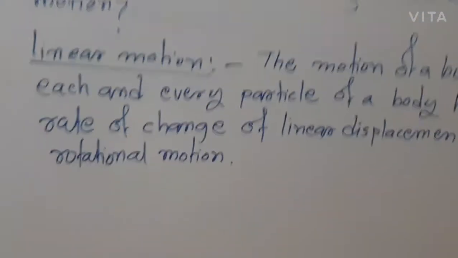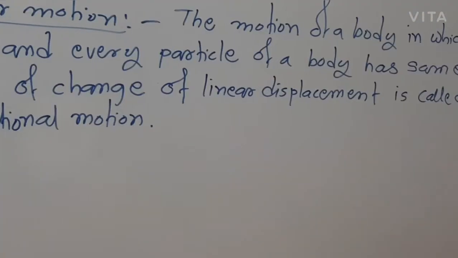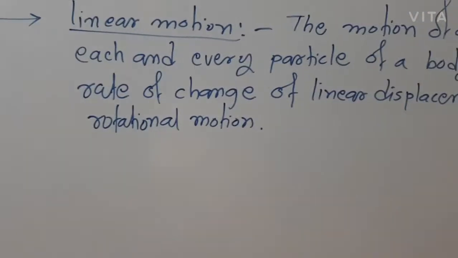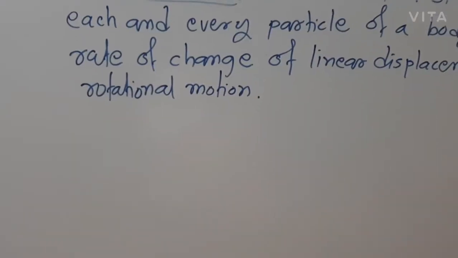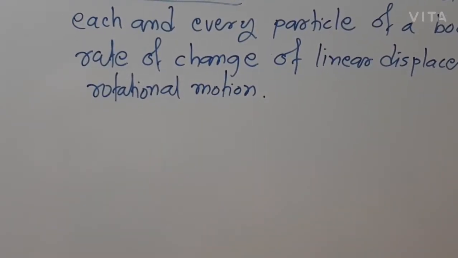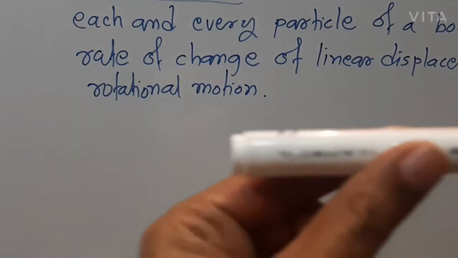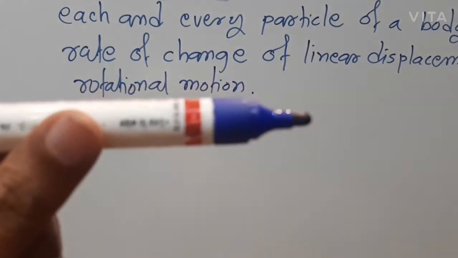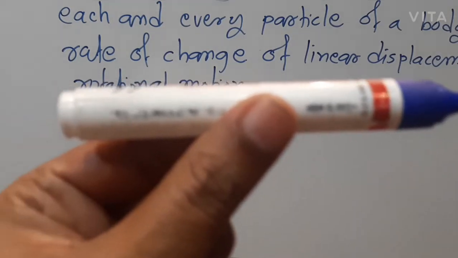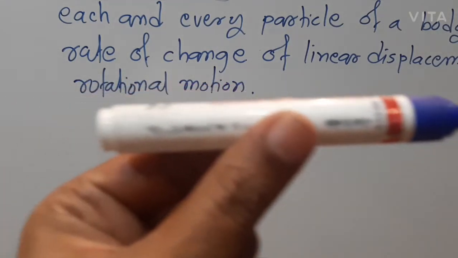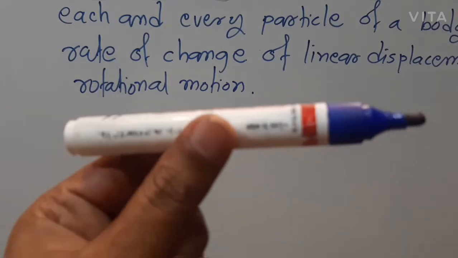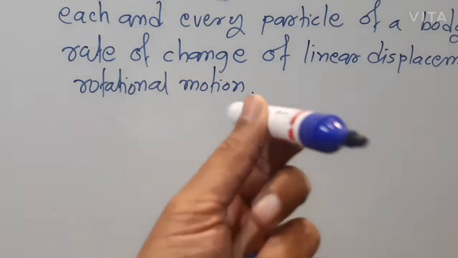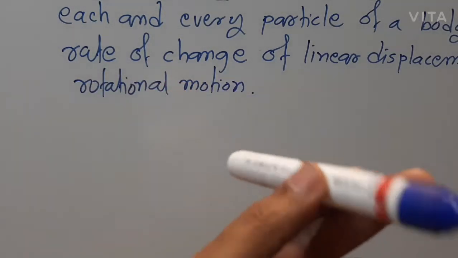In comparison with linear motion, we are going to understand the phenomenon of rotational motion. If this body is in linear motion, then each and every particle of the body has the same rate of change of linear displacement. And if the body moves like this, then this is a rotational motion.